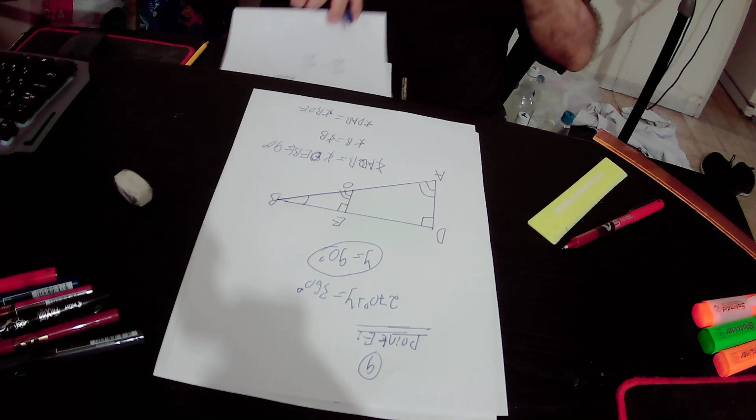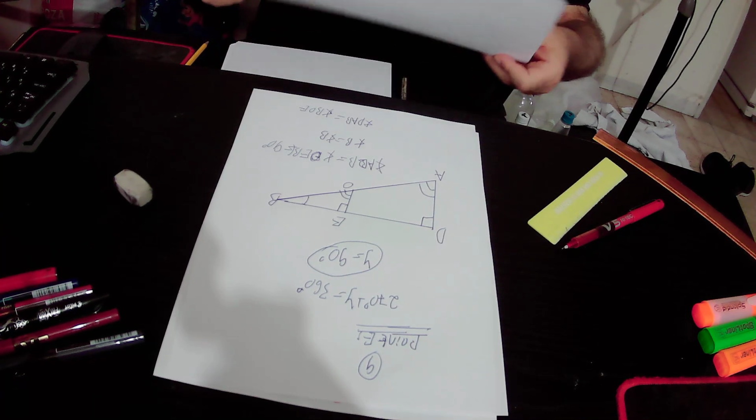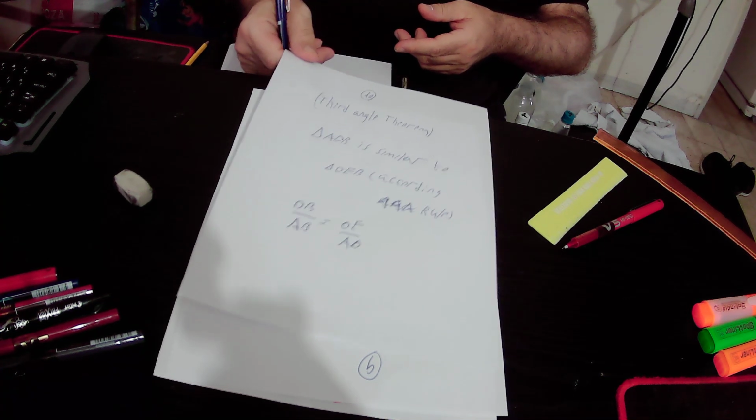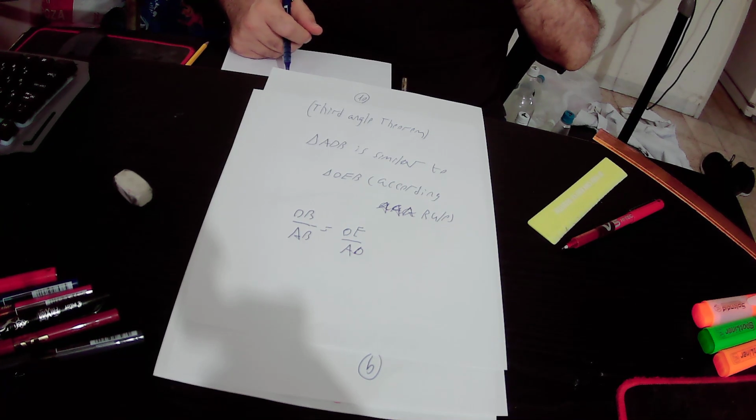Okay, the following relationship is true in these two similar triangles, that OB over AB equals OE over AD.